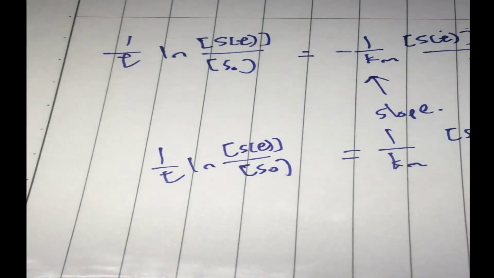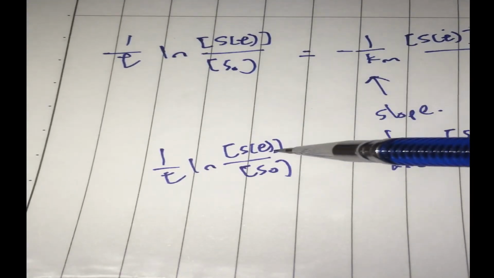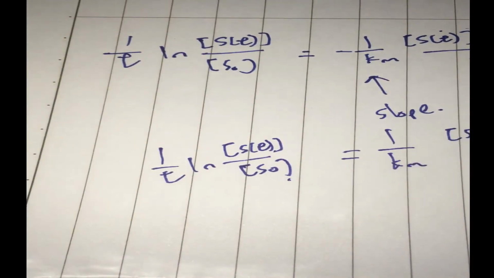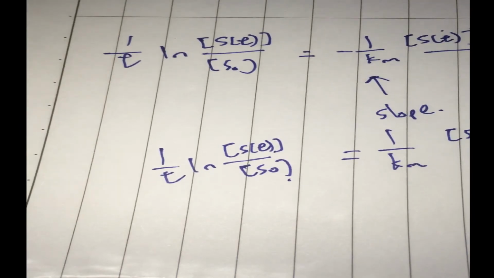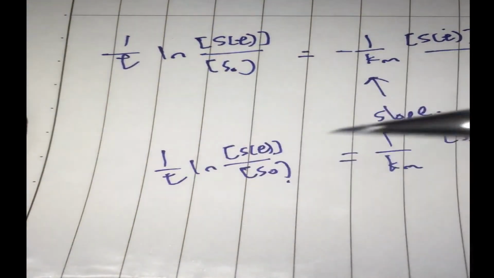You also figure that the right hand side is always going to be a negative number, because St is smaller than S naught, so ln of a number less than 1 will give you a negative number on the left hand side. So if you don't like working with negative numbers, you can do this instead.